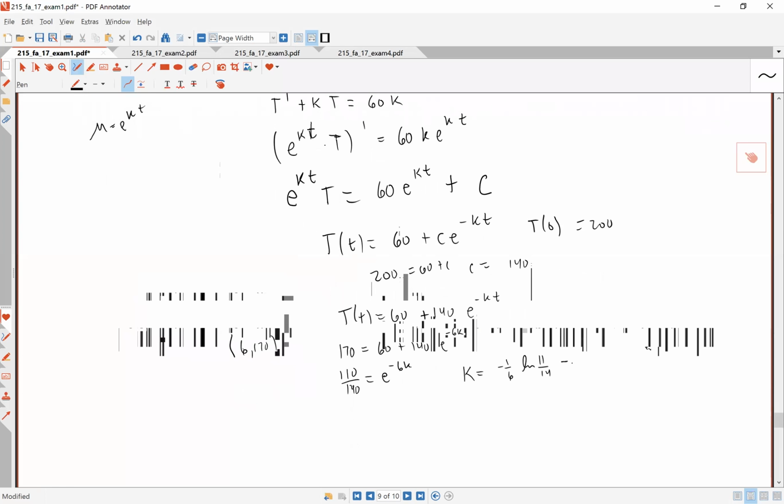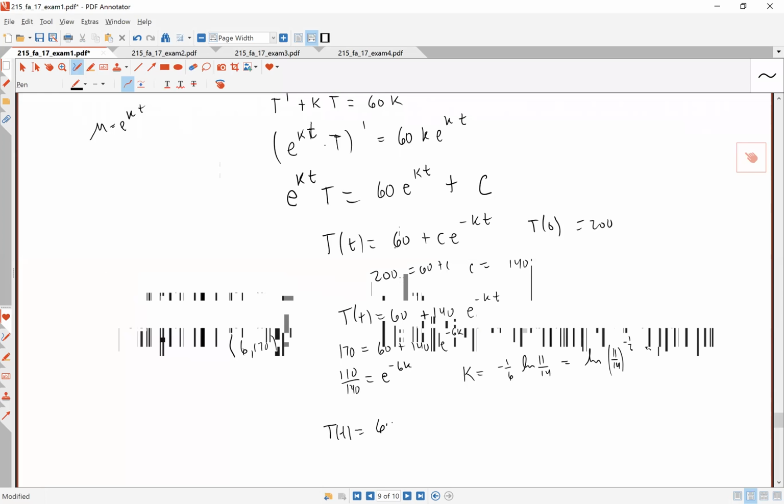Will we write that as the natural log of 11/14 raised to the negative 1/6? There's k. So we put that back in there.